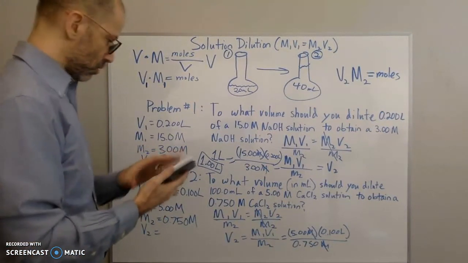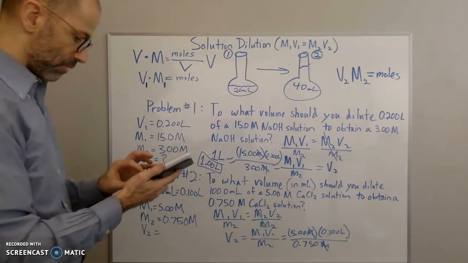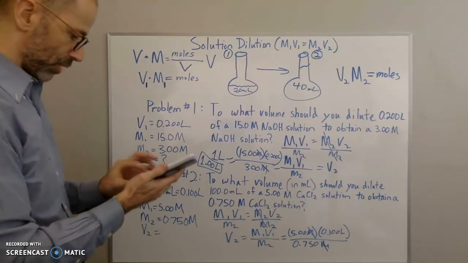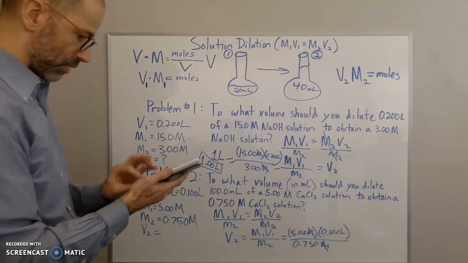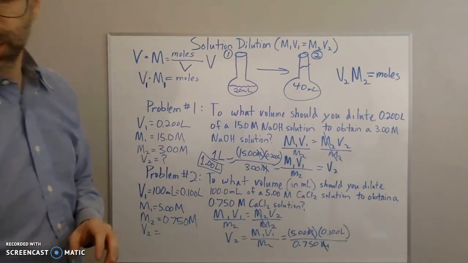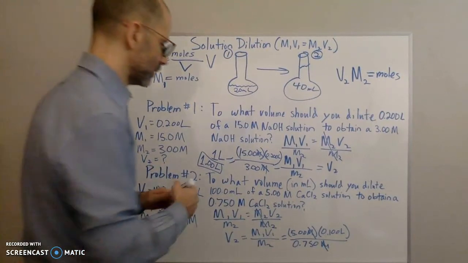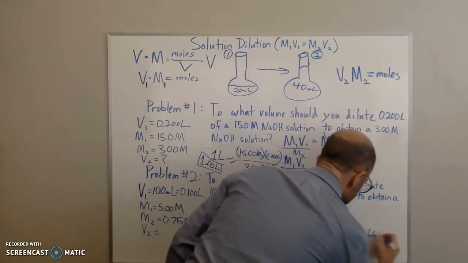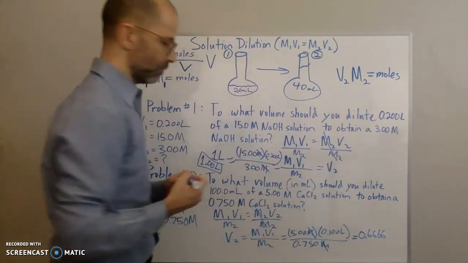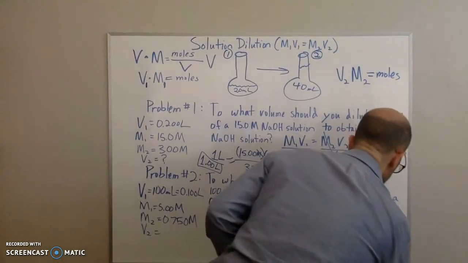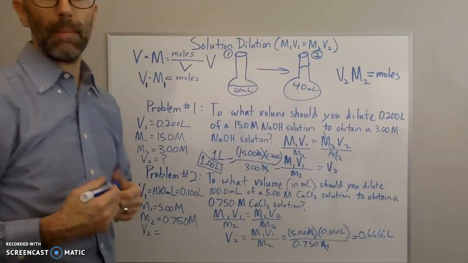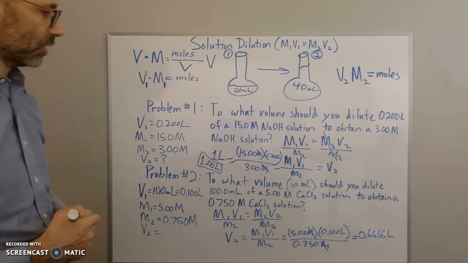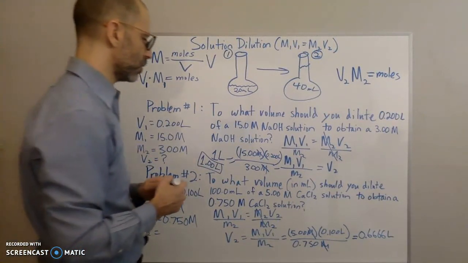And so here we're going to do 5 times 0.1 divided by 0.75 equals, and here you get 0.6666 and so on. So that's going to be liters, but we want milliliters, so we need to multiply that by 1,000 to get our milliliters.